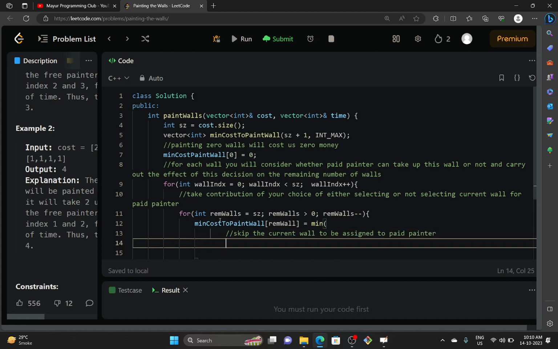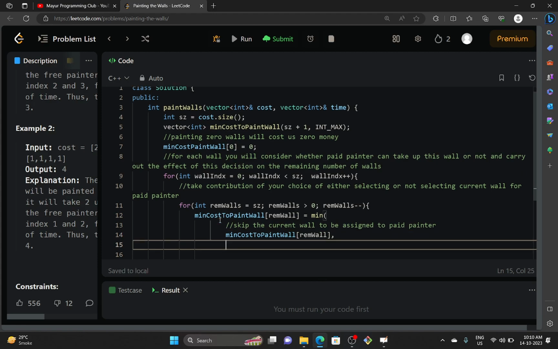In that case, your minimum cost to paint the remaining number of walls will be as it is, or you can assign the current wall to the paid painter.